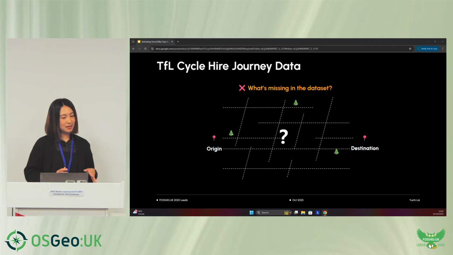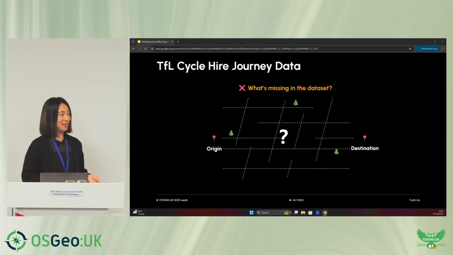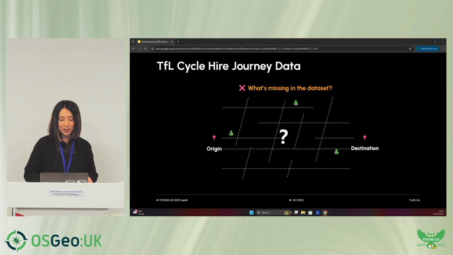But what is missing in this data set? We don't know the exact route people travel, and this is the information that I really want to know. So this is where I use the routing API to fill this data gap.